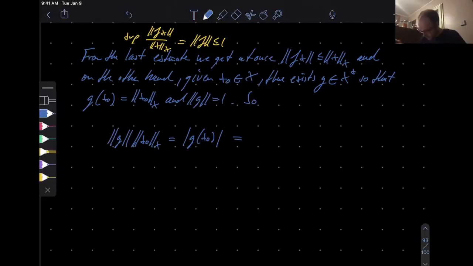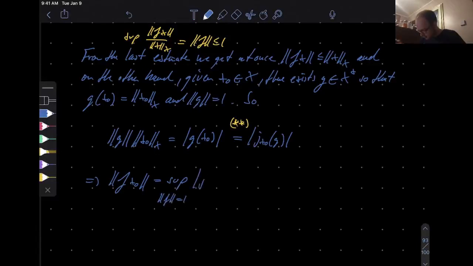Okay, and by double star, this is precisely equal to J x naught of G. In turn, J x naught, which is the supremum over that thing again, J x naught f, is at least equal to J x naught evaluated at G, because G is a linear functional with norm 1.